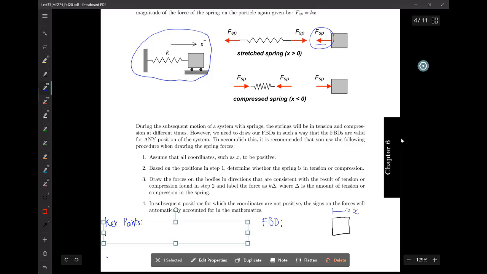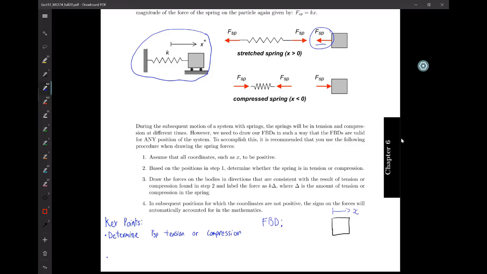So I'm going to choose that. Now, if I choose this spring to be in tension, in which direction is the force pointing? Left or right? It's pointing to the left, right? So if I choose that, then I'm going to draw my force like that, and then in my equations, my spring force is going to be positive or negative according to the coordinate that I have there. Negative, right? So that is the important thing.